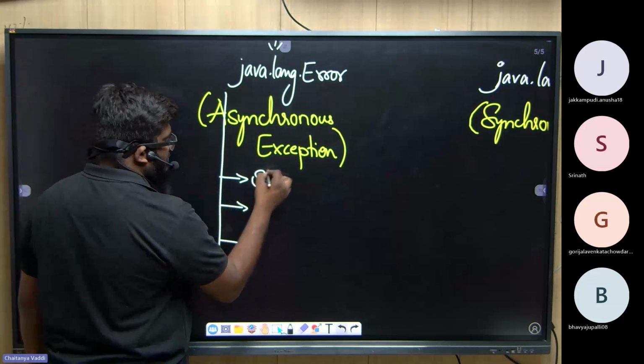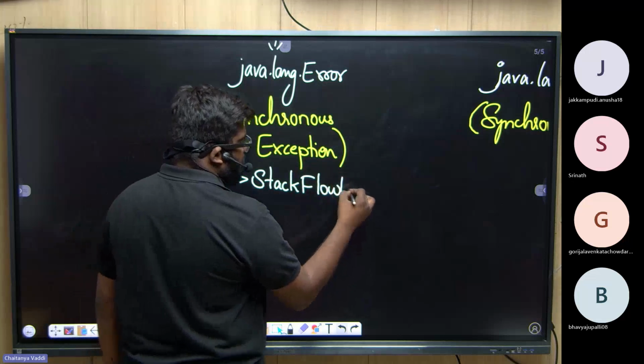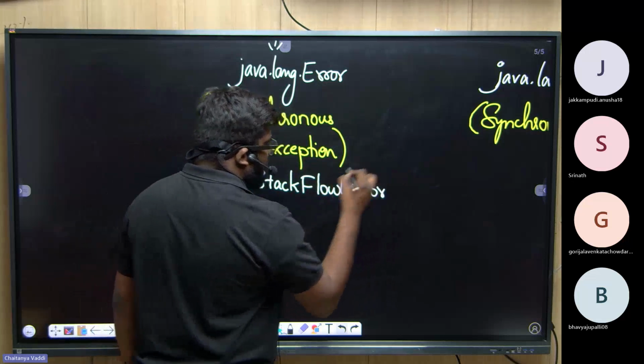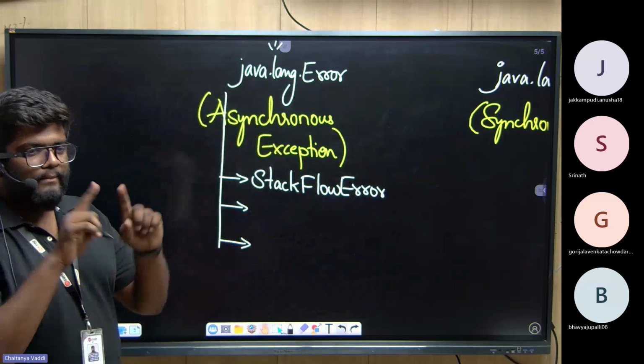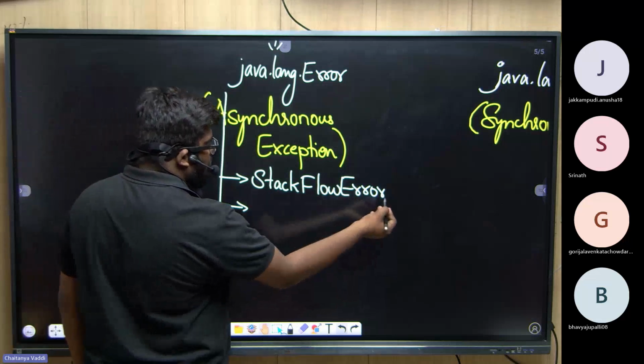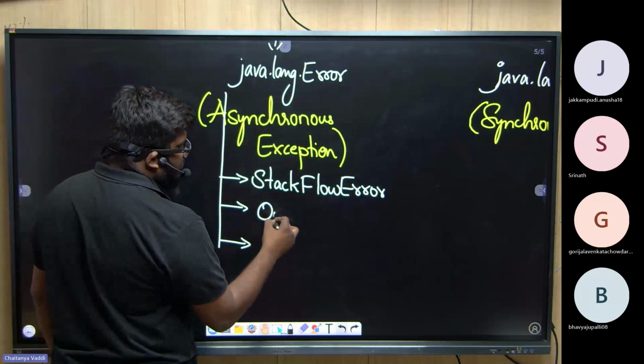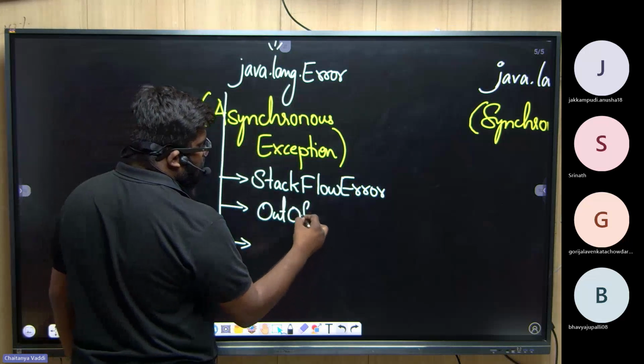So StackOverflowError is a class that we have. Yes, again, all the exceptions that you see in your compiler whenever they get raised are actually classes. StackOverflowError is a class which is a subclass of the Error class. There is OutOfMemoryError.